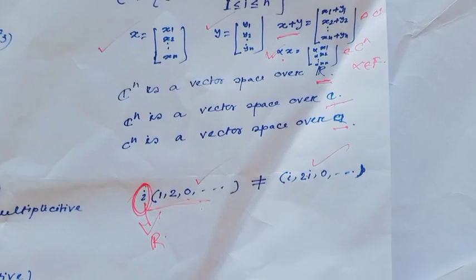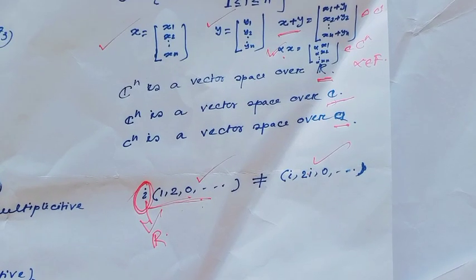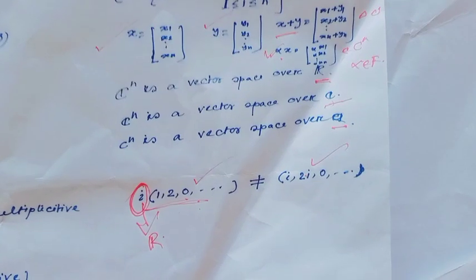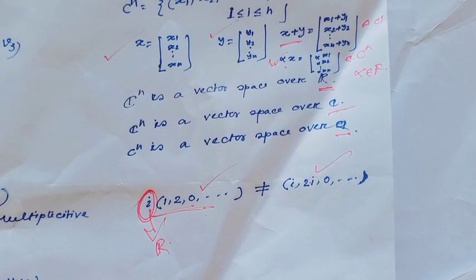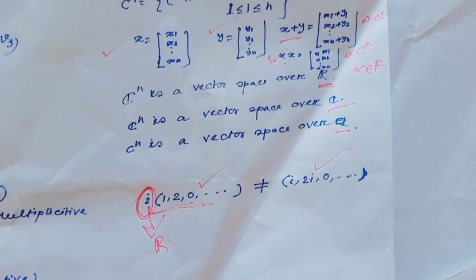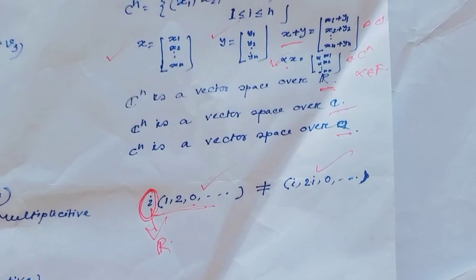I hope all my viewers have understood. This is an extra part which I did not define elaborately in my previous video. This type of concept is very important for higher study and deep knowledge of vector spaces.